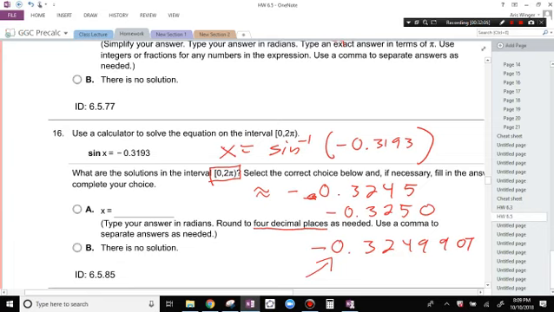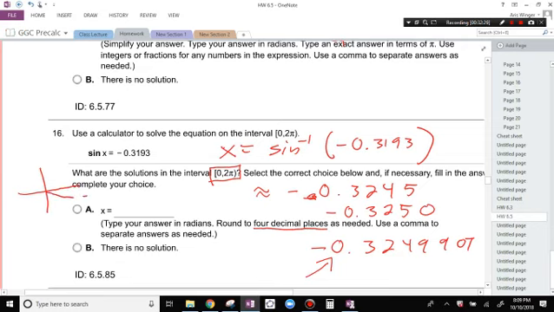And so how do I bring the correct answer in? What do I have to do to this? I need to add something to it. It's a negative number in the fourth quadrant, right?